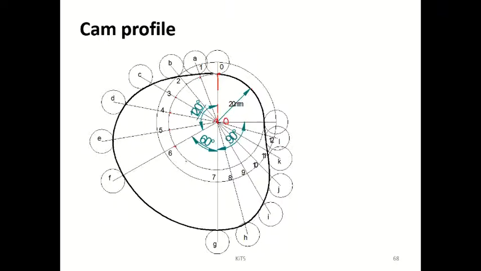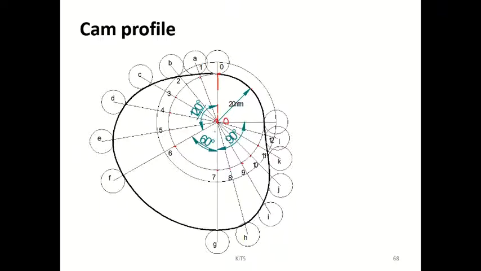Then the dwelling period is 60 degree. Then 90 degree, which means 15 degree, six times. So I got all three segments: outstroke, dwelling period, and then return stroke.